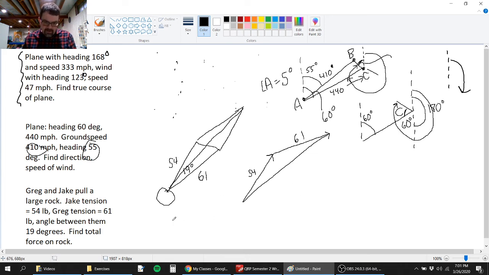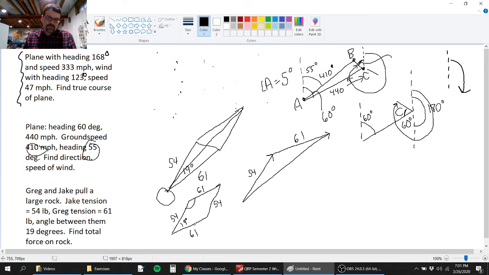Well, if you go back to the parallelogram, I'm going to resketch them just to point at some things. So this is 19 degrees right there. And we also know that these are both 61s. These guys are parallel, and these guys are parallel. And just like we've seen in both of the previous problems, 19 degrees actually tells you what this angle is right there.